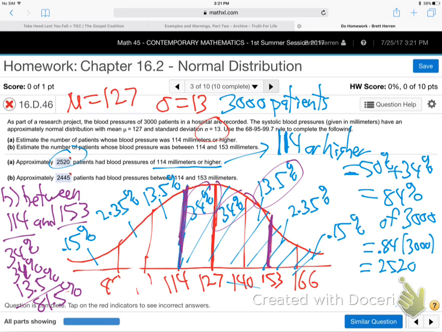Right? So let me run out of room here. That's the 114. So I'm going to take 0.815 times 3,000, which will equal 2,445 patients have blood pressures between 114 and 153. Is that good? Is that making sense there?